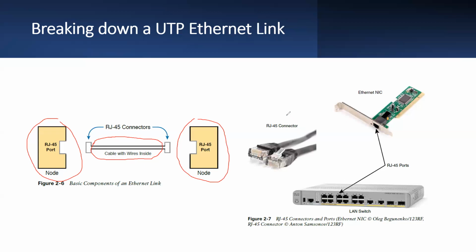To the right of this diagram, you see a real life example, an RJ45 connector. Here's a NIC. This is how the back of my Xbox looks. It has this type of port. And here's another example as well. This is just how a switch looks, how those RJ45 ports look. Okay, let's go ahead and clear that.